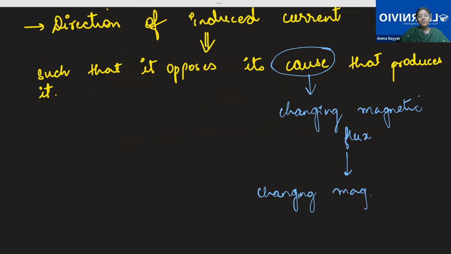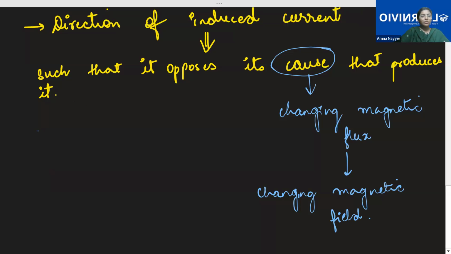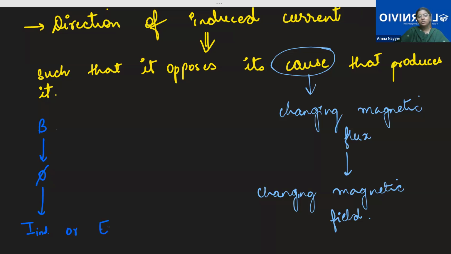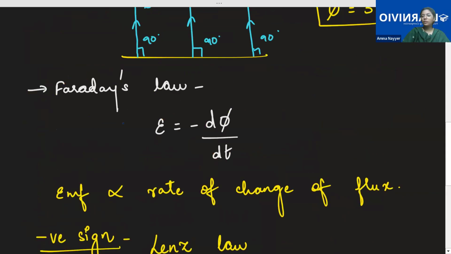First you go in this sequence: check whether the magnetic field is changing. If it is, then you see the flux. If the flux has changed, then you see the induced current or the induced EMF. Okay, so this is the way you have to see.